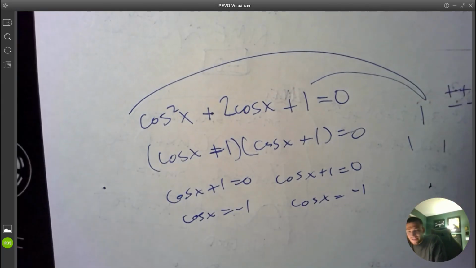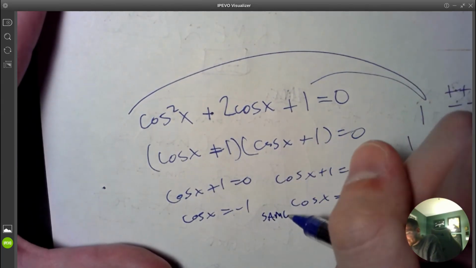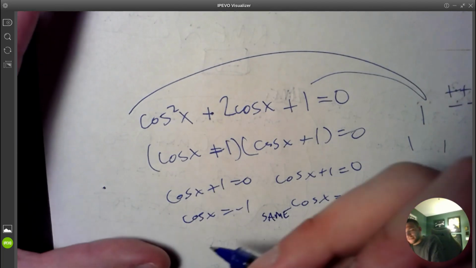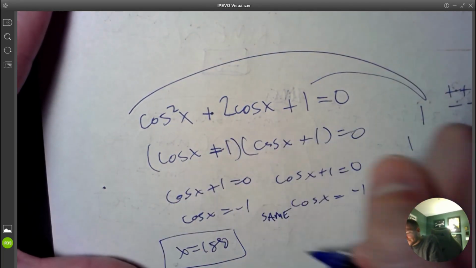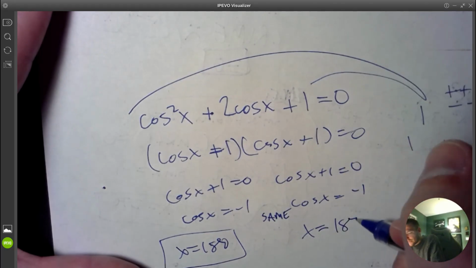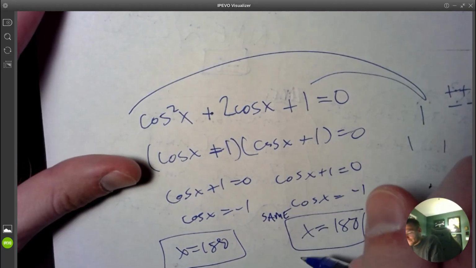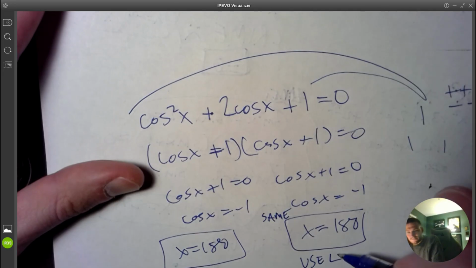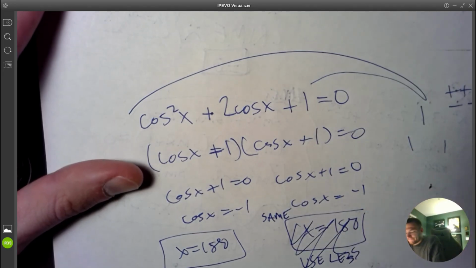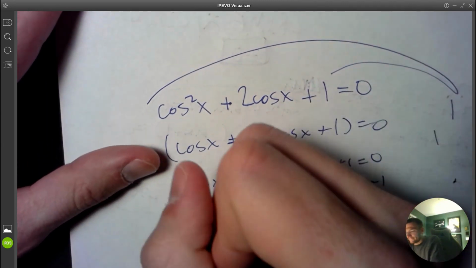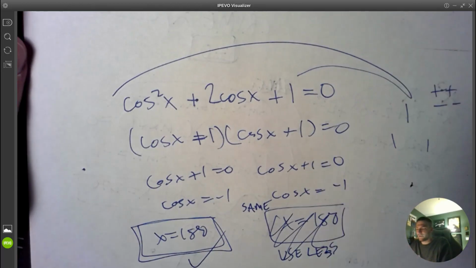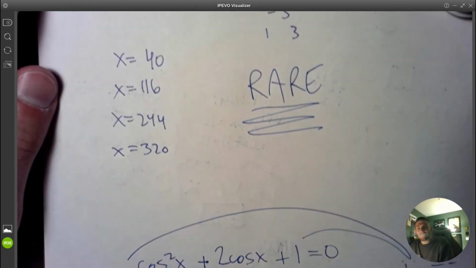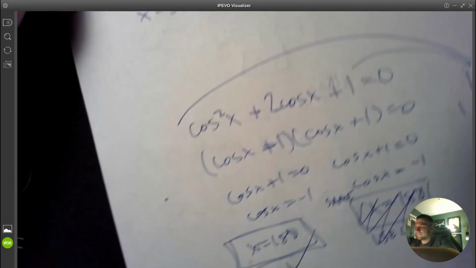These are the same thing, which means I'm going to get the same answers twice. One is cosine negative 1. That's at x equals 180. And then, of course, that's x equals 180. And this one here, kind of useless, right? I've already got it. So much more likely, you're just going to do a normal question. But if you can't factor it, it's there.